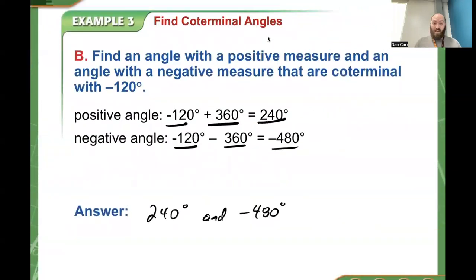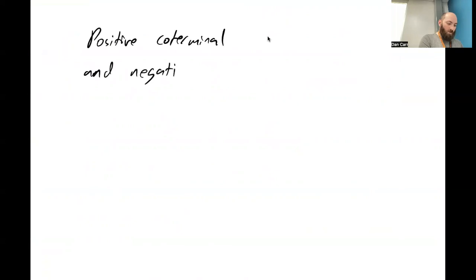Okay, and that's actually it for today, but I do want to mention one more thing. Let's just do a real fast one where I add one more here. Let's say I want positive coterminal and negative coterminal with 540 degrees.